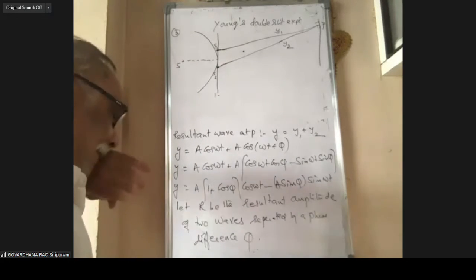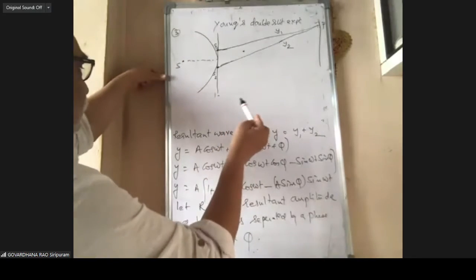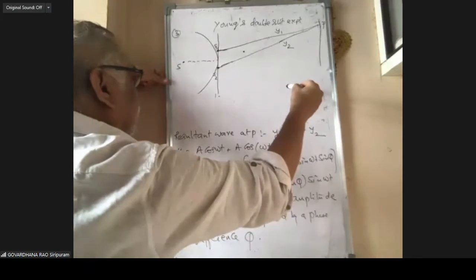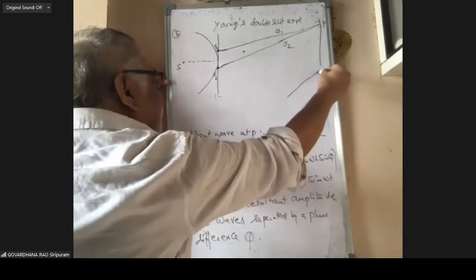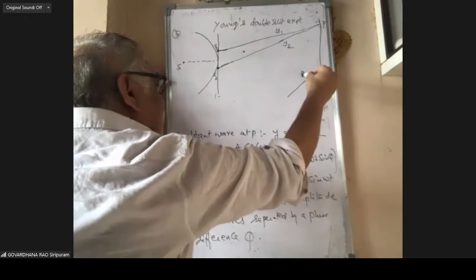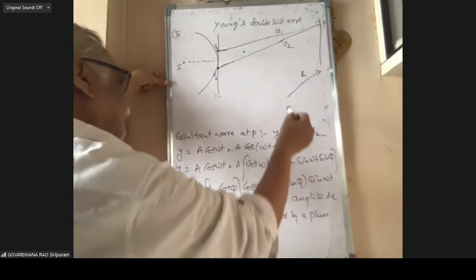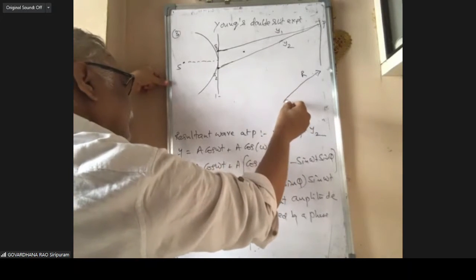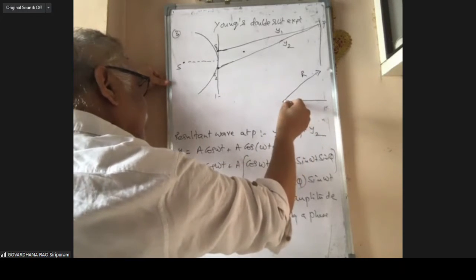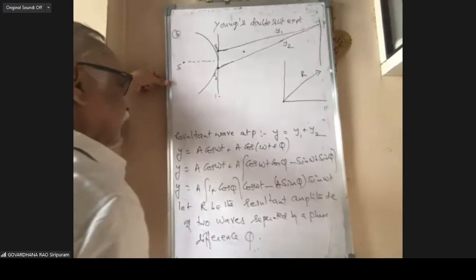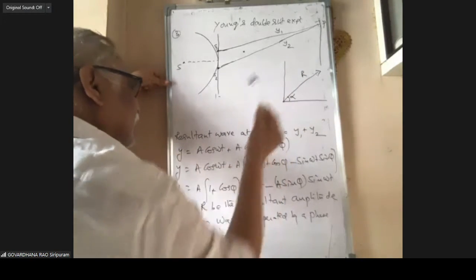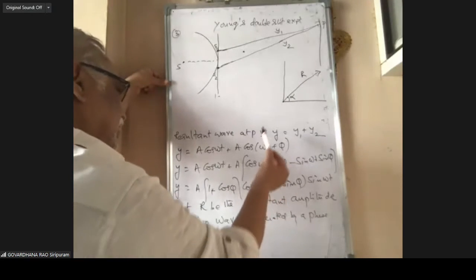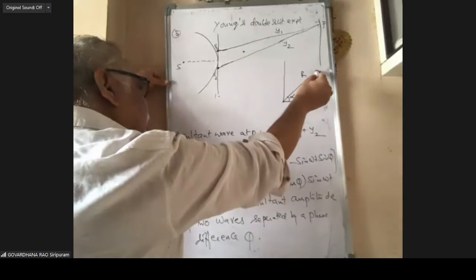Now, so what we have taken, R is the resultant amplitude. This R I am resolving into two. Let us say alpha is the angle made by the resultant amplitude with the horizontal.